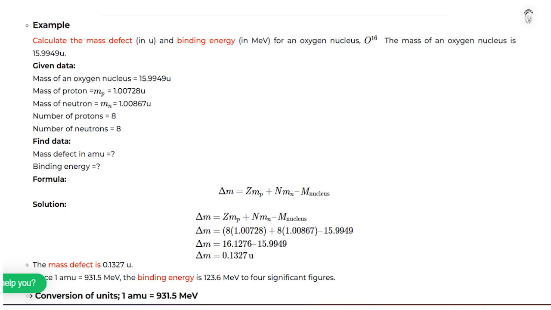And at the end, I have a mass defect of about 0.1327 atomic mass units. But since I have to express it in mega electron volts, one atomic mass unit is equal to 931.5 mega electron volts. So therefore, I will multiply 0.1327 by 931.5 mega electron volts, and I will end up with the binding energy, which is equal to 123.6 mega electron volts.